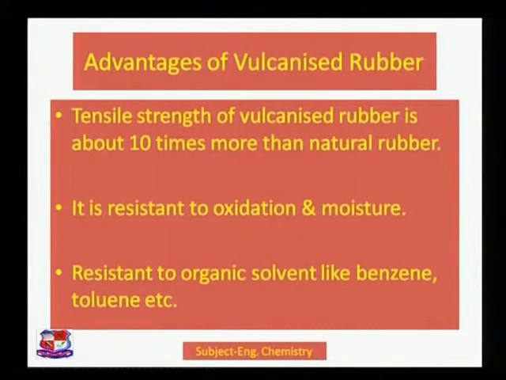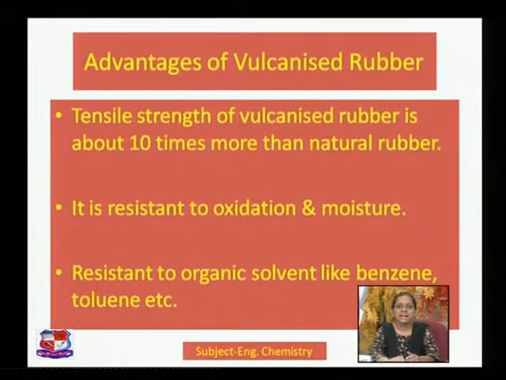Now what are the advantages of vulcanized rubber? Why is vulcanized rubber of good quality compared to natural rubber? Tensile strength of vulcanized rubber is about 10 times more than natural rubber. It means natural rubber was weak, and the final rubber after processing is 10 times stronger.